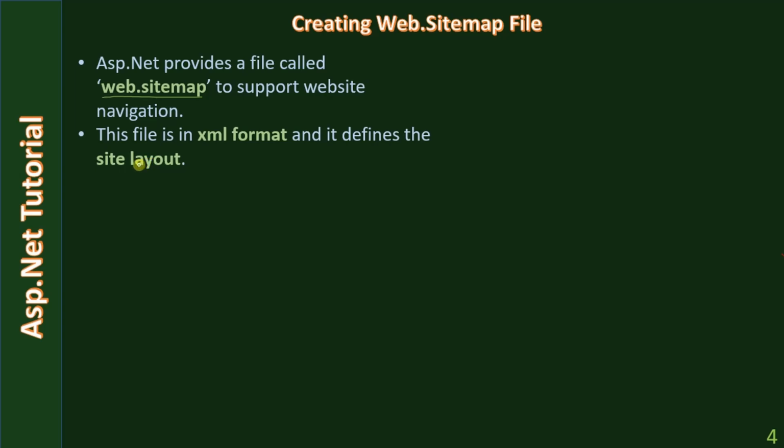From the home page where you can navigate, what are the target pages, from the target page where you can navigate, and is it possible to come back from the navigated page. All those layouts you can define in XML format. Instead of site layout, we can state site navigation layout.